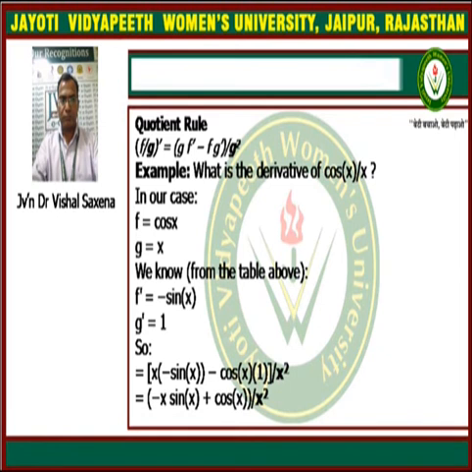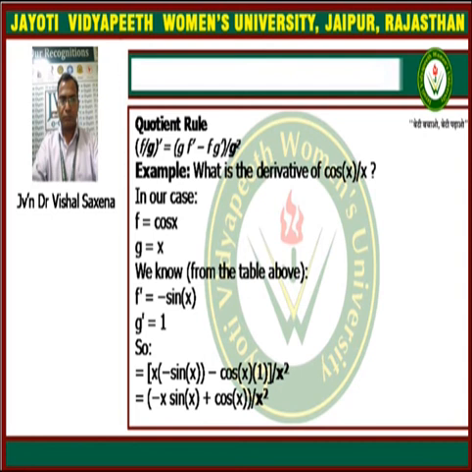suppose we have to differentiate cos x upon x. It is a function in the form of division, cos x upon x. How can we differentiate this function? There are two functions: suppose cos x is the function f, and x is another function which can be taken as g. So how can we apply this formula?